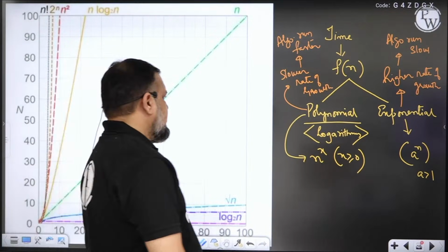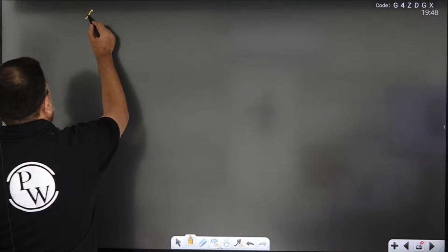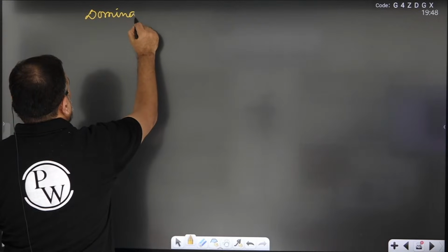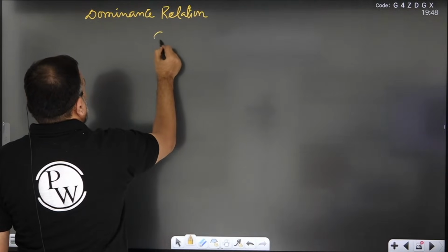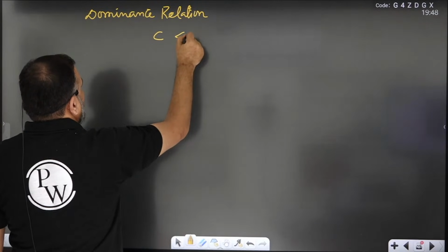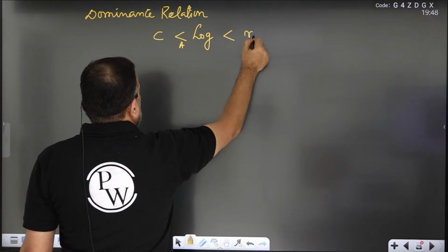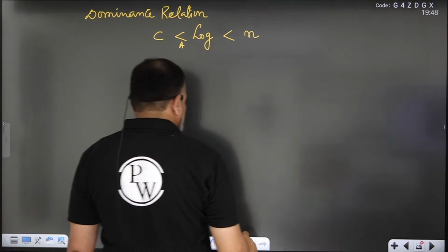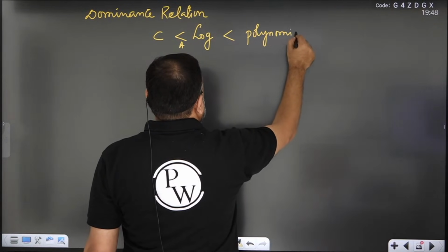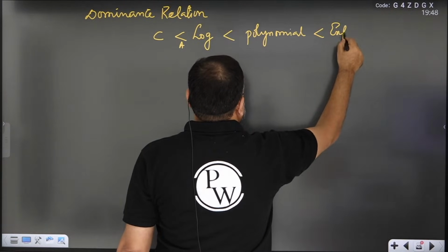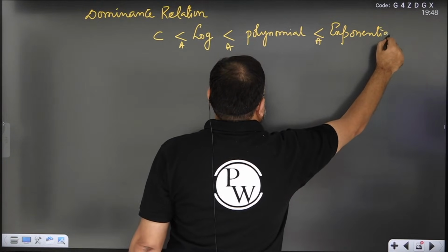Based on this, I can propose what I call a dominance relation among the functions. A constant is asymptotically less than logarithms, log is less than n, that means polynomial is asymptotically less than exponential.